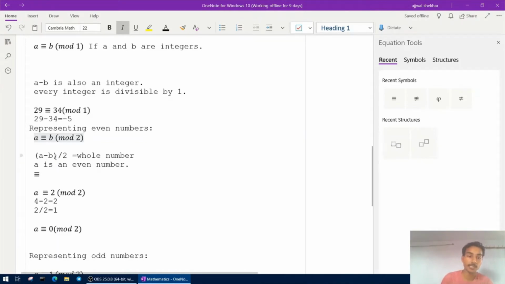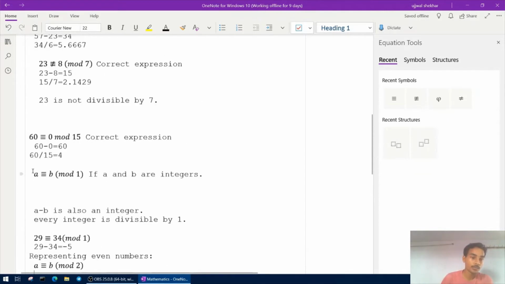If a minus b is divisible by 2, and obviously we are getting a whole number, then a is an even number, right? If a is an even number and a minus b is divisible by 2, then this expression is true. For odd numbers this is not true.